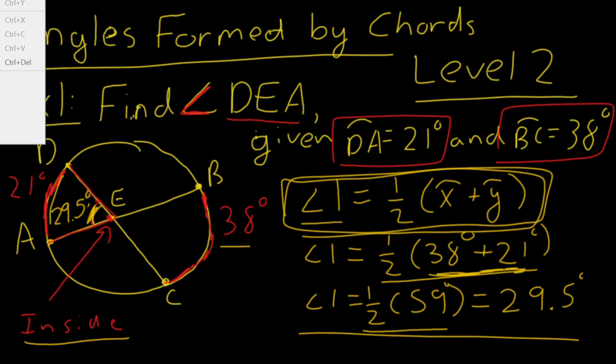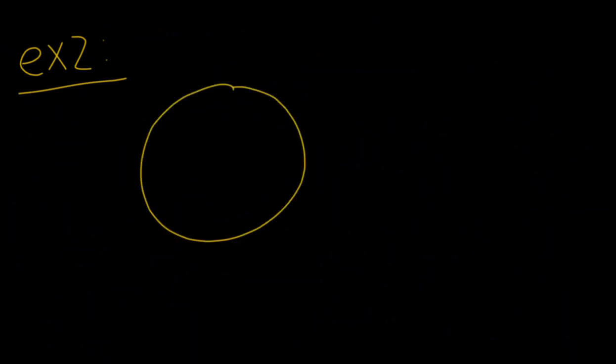So we will clear that off and write out example 2. Now in this one, for time's sake, I'm going to do a little bit of shorthand. We have our first chord. We have our second chord. And I want you to find this angle right here, and we'll give that a question mark.